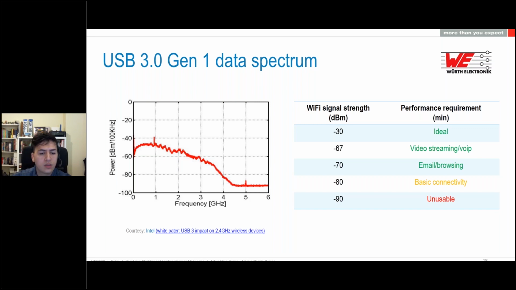And as you can see here on the left side, where we have a white paper from Intel, we have the different power levels. You can also see it on the right side. So at minus 90, it's totally unusable, and up to minus 30, where it would be the ideal.